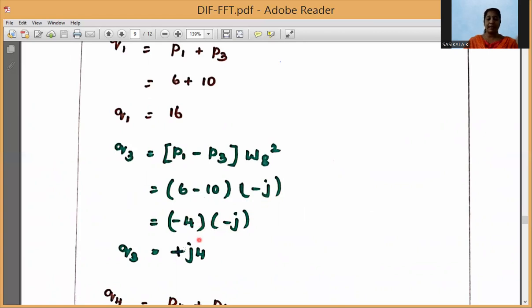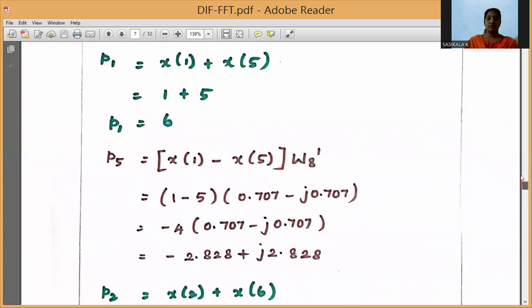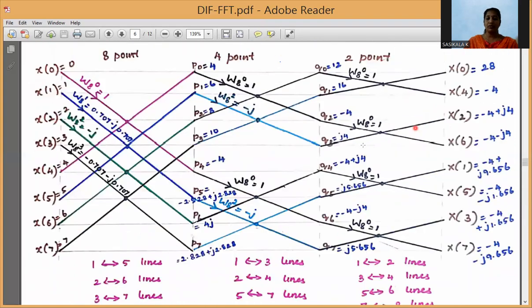So minus into minus becomes plus j4. So Q1 value is 16 and Q3 value is j4. So substitute the values of Q1 and Q3.